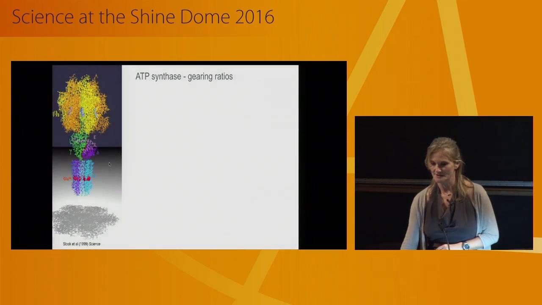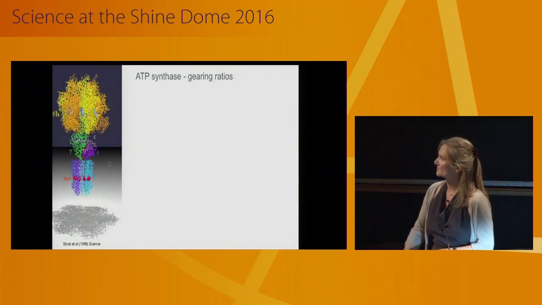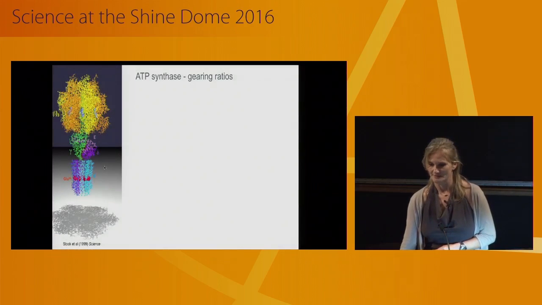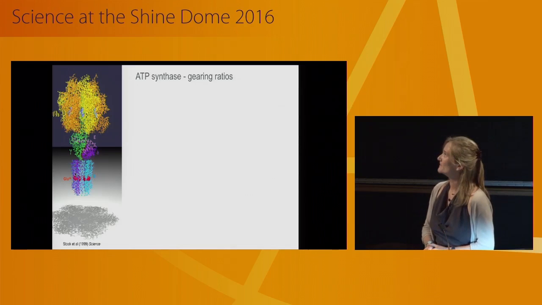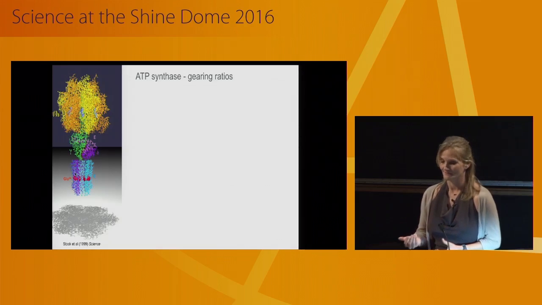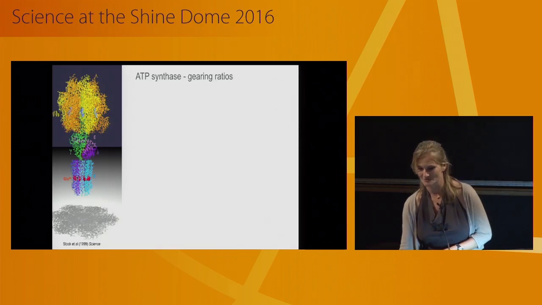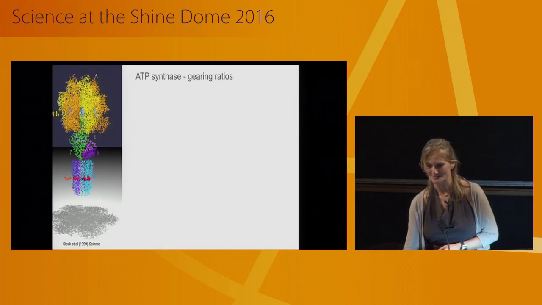Now, the first near-atomic resolution structure came from this yeast F1C10 complex, which revealed that yeast ATP synthase has 10 blades in the transmembrane turbine. And each blade translocates one proton through the membrane.